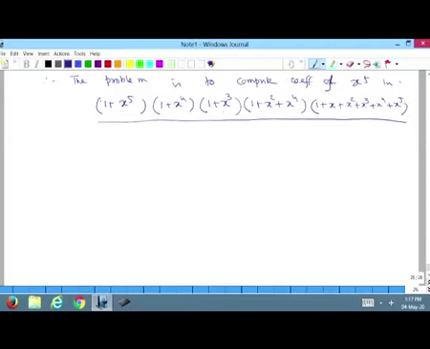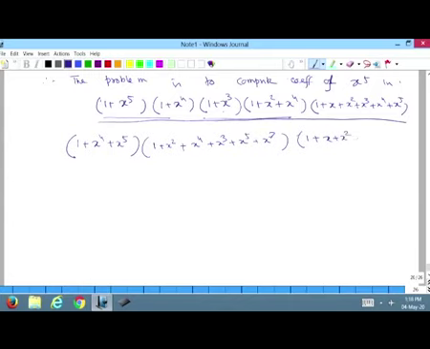So, let us start multiplication. These two give me 1 plus x to the power 4 plus x to the power 5. These two give me 1 plus x square plus x to the power 4 plus x cube plus x to the power 5 plus x to the power 7, multiplied by 1 plus x square plus x cube plus x to the power 4 plus x to the power 5.